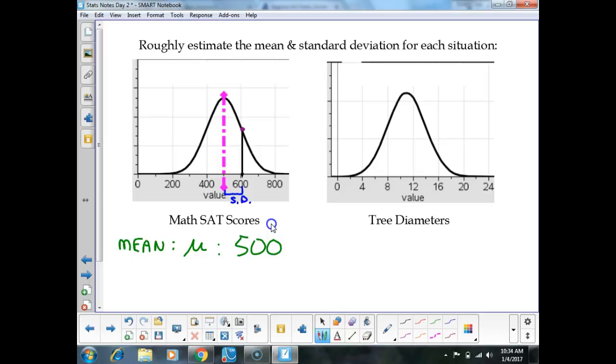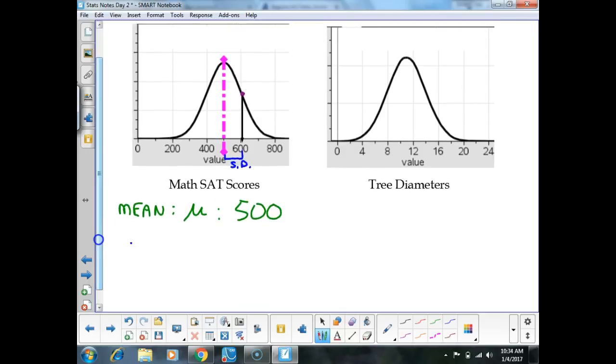So in this first one, my standard deviation, the symbol is a funky O. What is the distance from mean to standard deviation? About how much? Just 100, right? Because this is at 500 and we're going to about 600. So I would say the standard deviation here would be about 100.